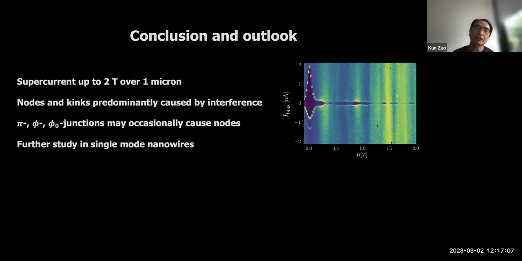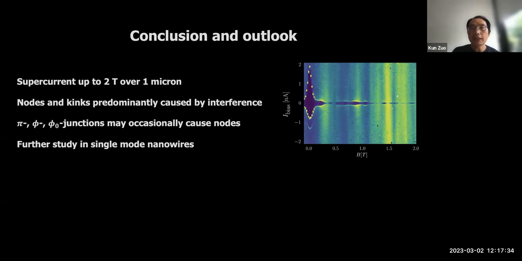But now the fabrication technology becomes better, the contacts become better. You have the architectural grown contacts on the nanowires in the single mode. It's becoming more reachable, and if we can make devices like that, the physics of the Josephson junction, the interplay of different parameters, will become much clearer, let's say.